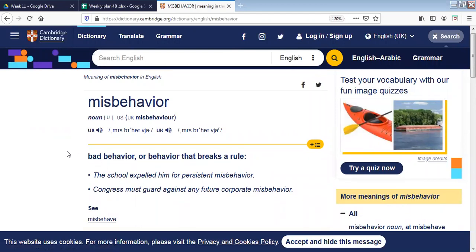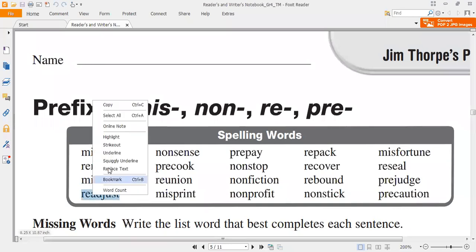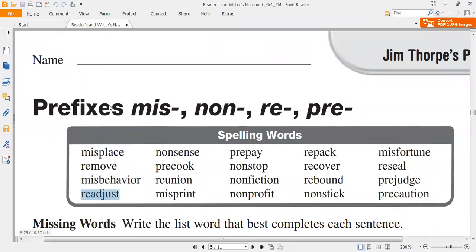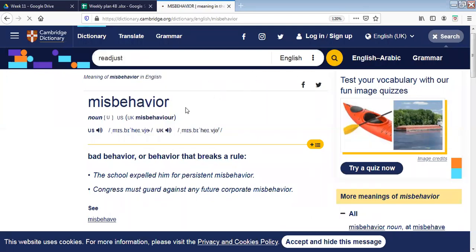So when I say that this is a misbehavior, it means that it's a bad behavior. Good. The next one. Listen, guys.